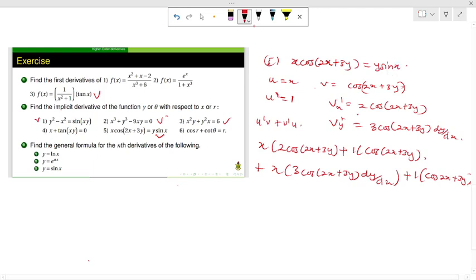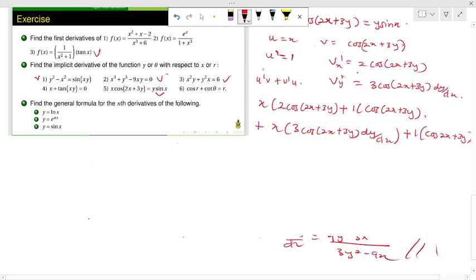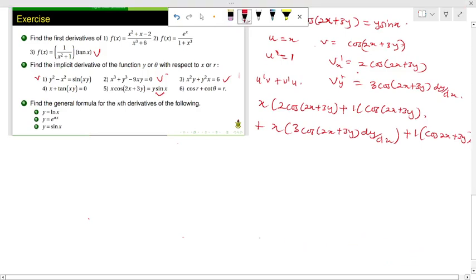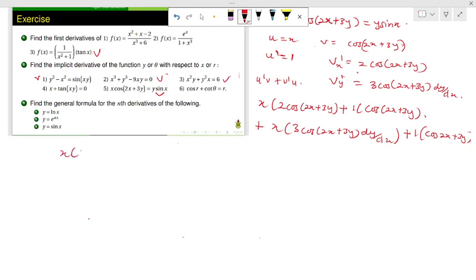So let me write it boldly here. Please pay attention here. So I'm having x times 2 cosine of 2x plus 3y, plus cosine of 2x plus 3y, plus x times 3 cos of 2x plus 3y dy on dx, plus cosine of 2x plus 3y.